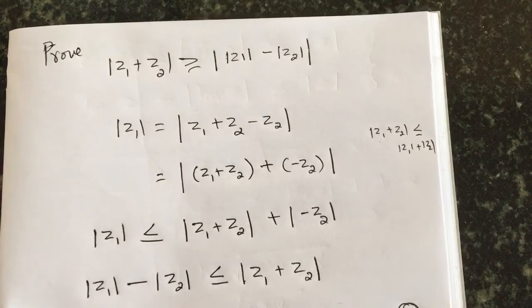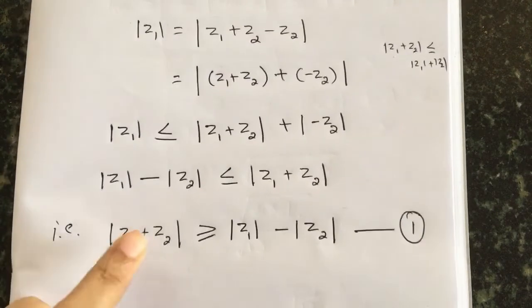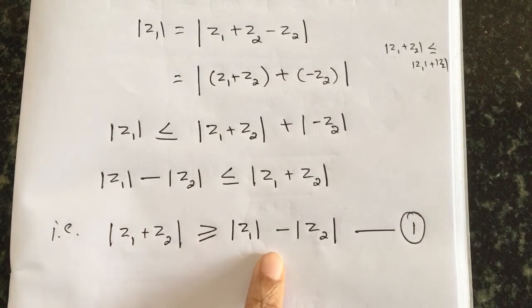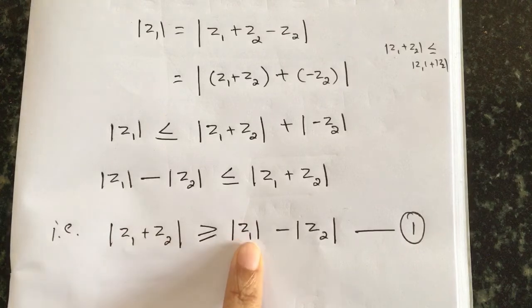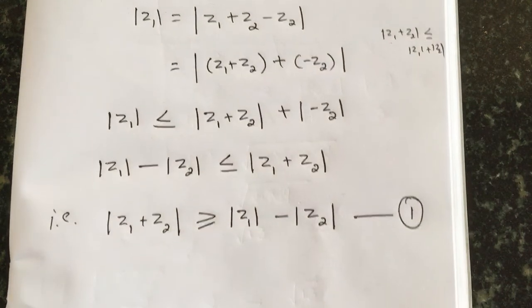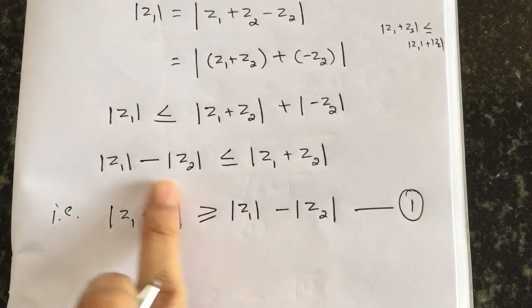So this will be positive. This is of course positive. This is positive, and this will be positive only when mod z1 is greater than mod z2, right? So this situation will be true. This is a positive value, right?